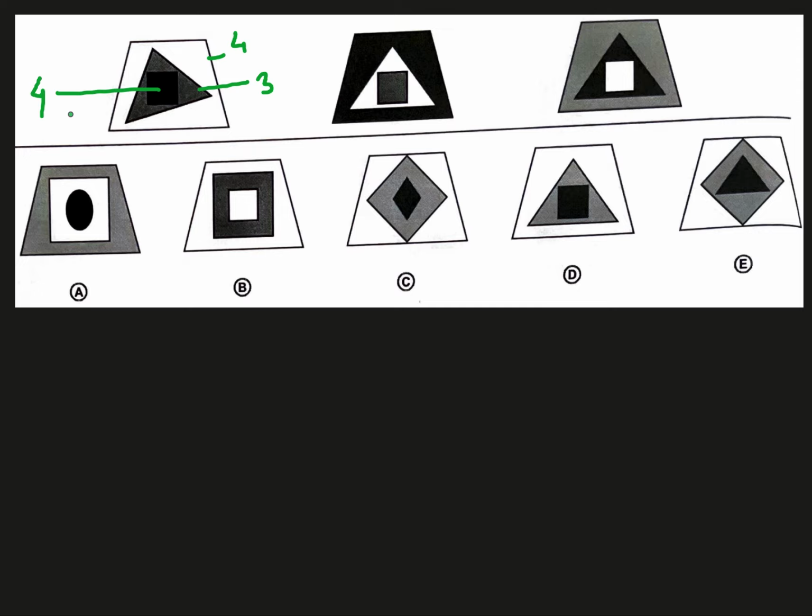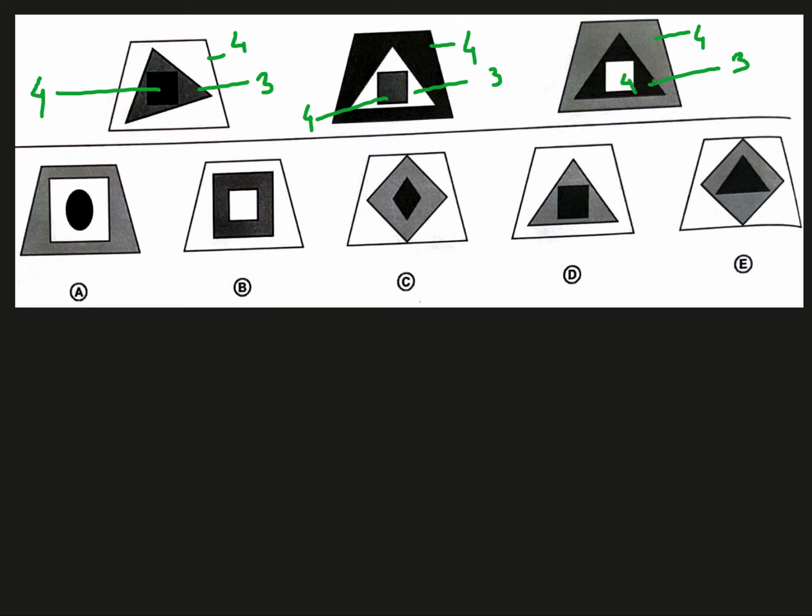So 4, 3, 4: outer, middle, inner. That's how I would interpret this set of figures.